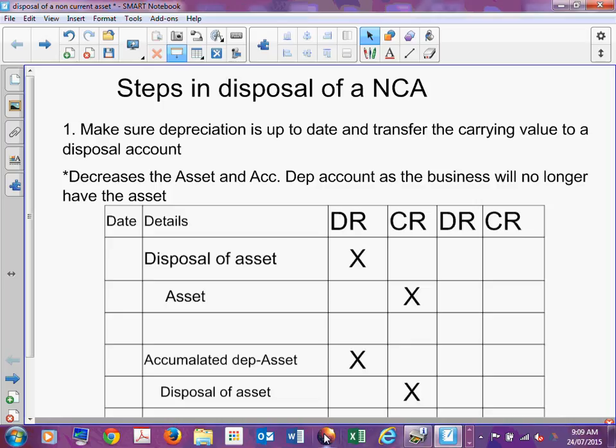They're together. What do you think the narration might be? Yeah, disposal of motor vehicle. What source document would you have? You probably have a memo. You'll see that there might be other source documents associated with these transactions, but at this moment it would be memo. All right, is there any questions about that?